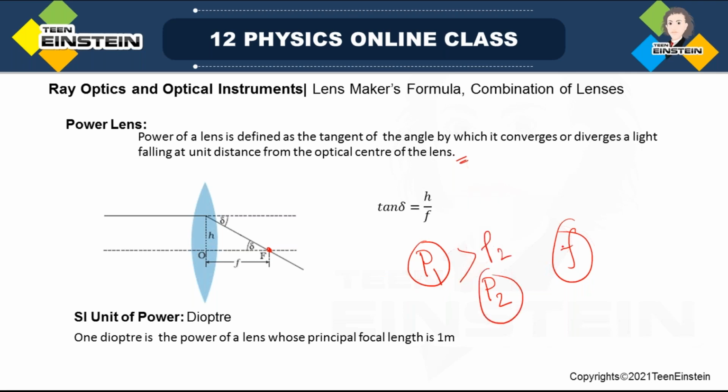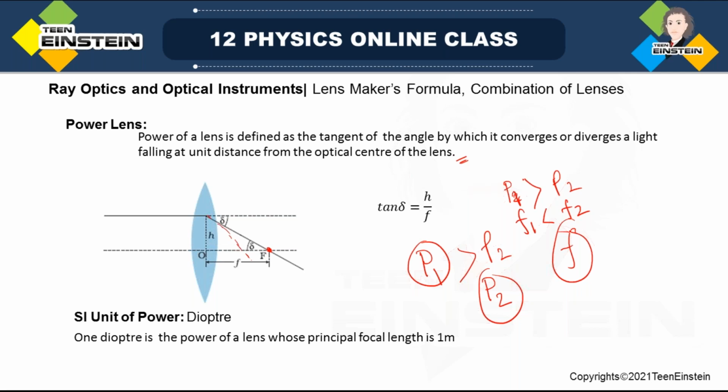If P1 is greater than P2, then P1 will converge the light in a shorter focal length. So P1 is more than P2, then F1 will be less than F2. Focal length will be less than the other one.